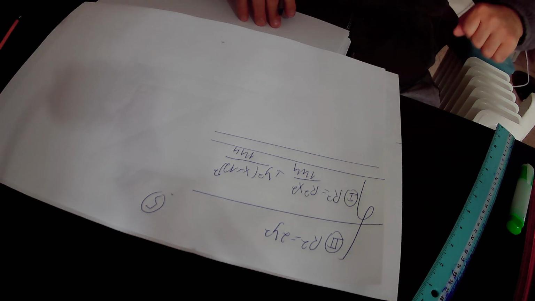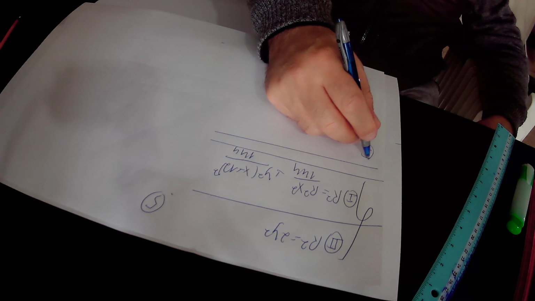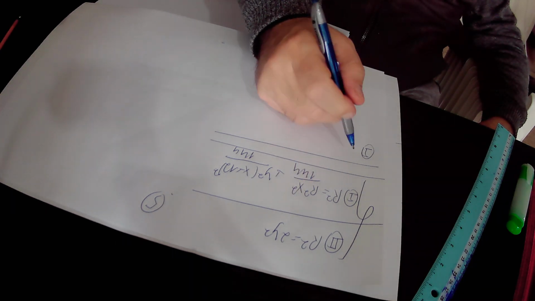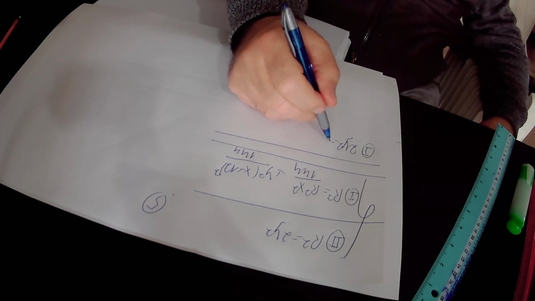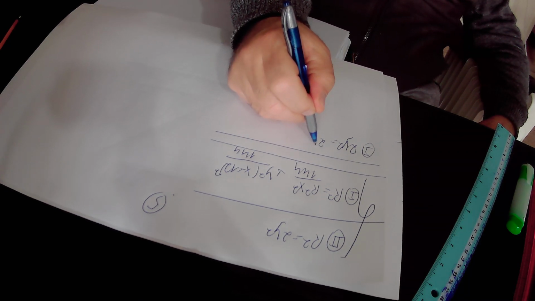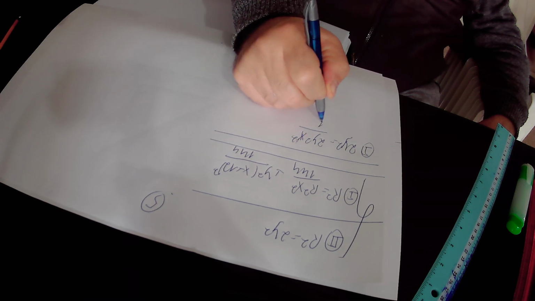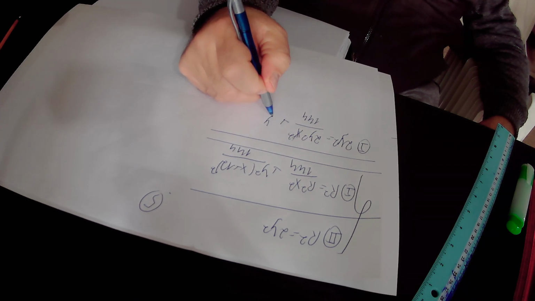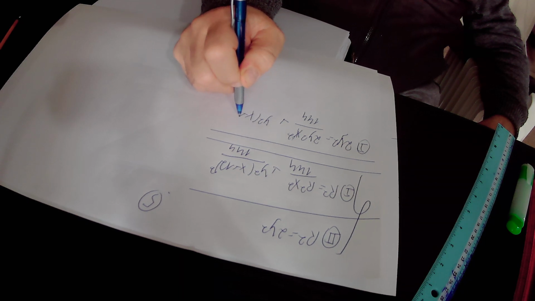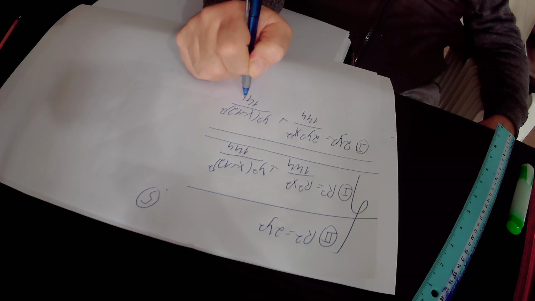We'll do it now, and we get that according to equation 1, R square is 2Y square, and it is equal to R square, that is 2Y square times X square over 144 plus Y square times X plus 12 squared over 144.